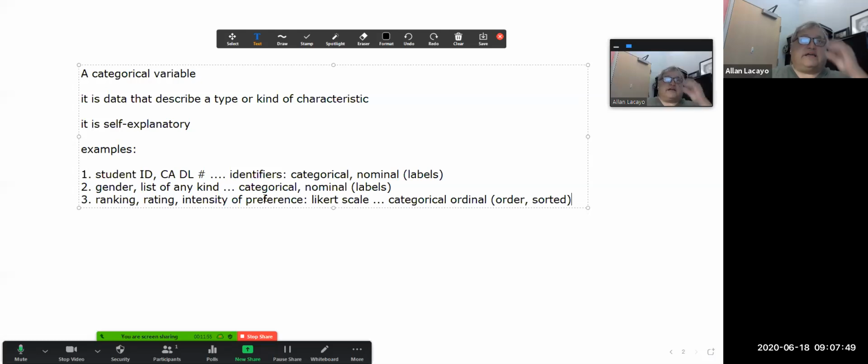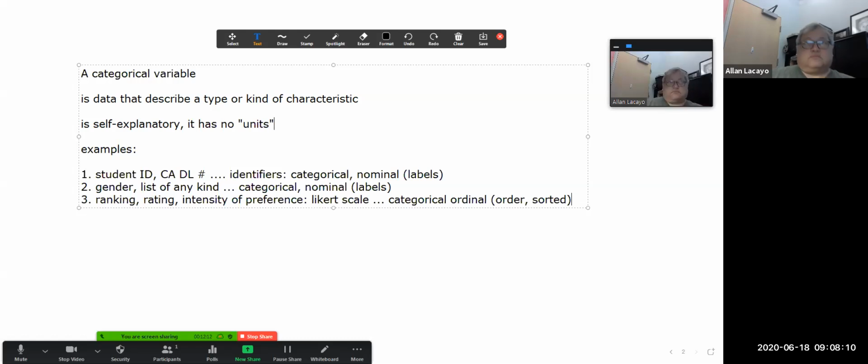So those are the three kinds of categorical variables. Okay, so that's what a categorical variable is, or those are the kinds of categorical variables.